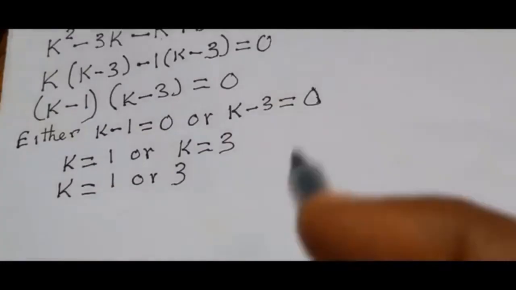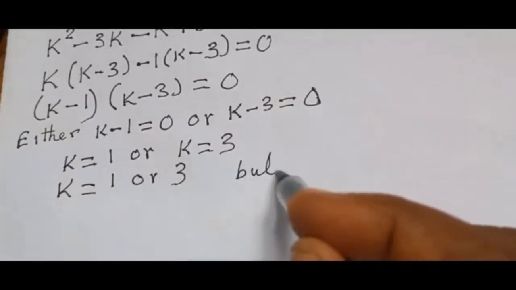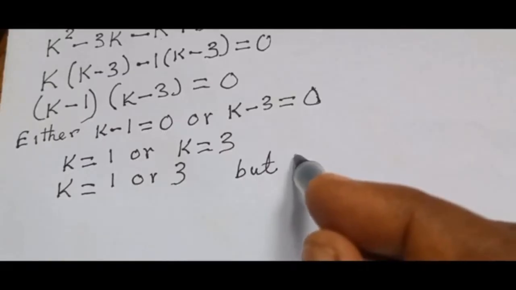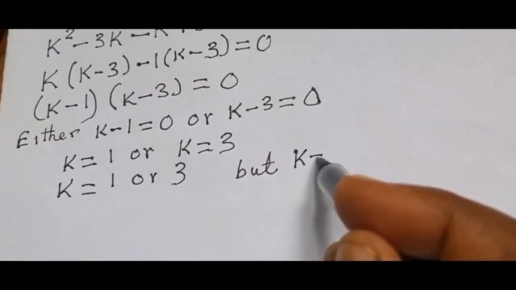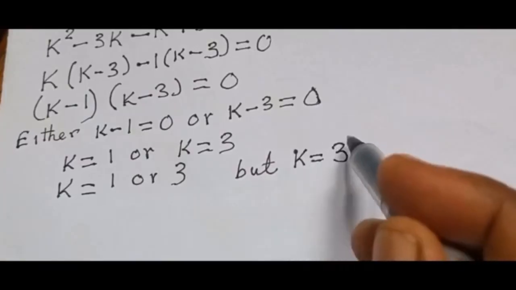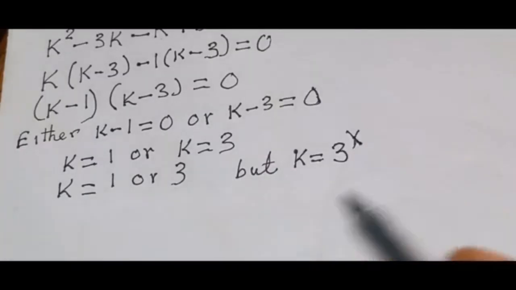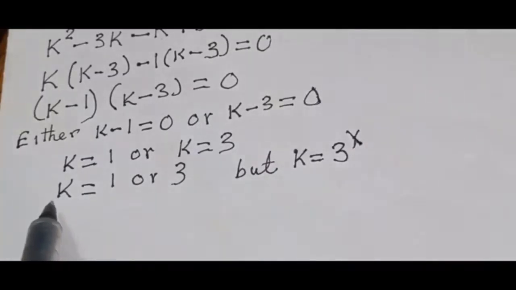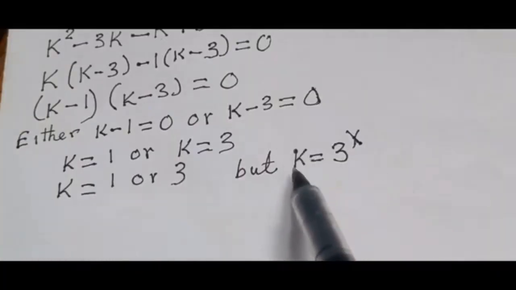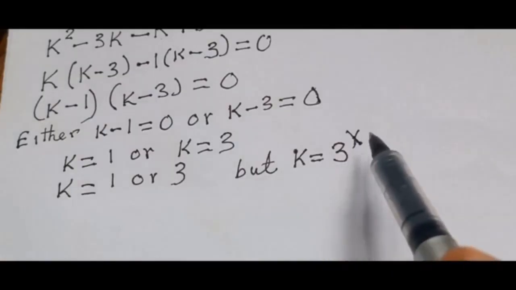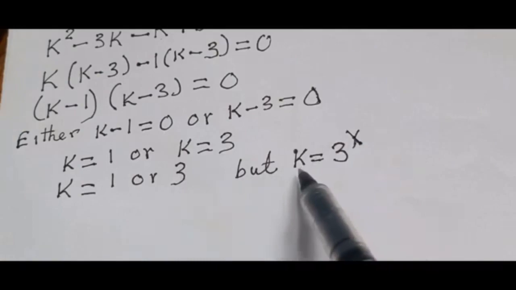Remember, above there, we are told that k equals 3 power x. So here we are going to substitute the value of k equals 1 here, which is 1 equals 3 raised to power x. Again, the value of k equals 3 here.